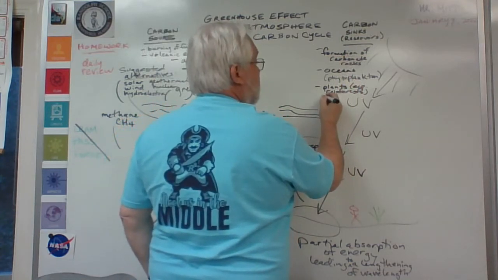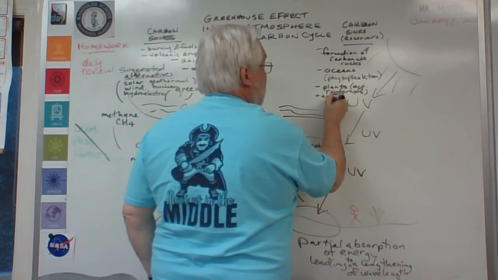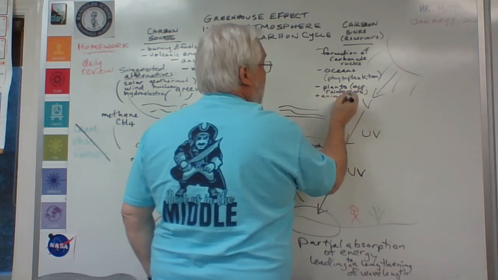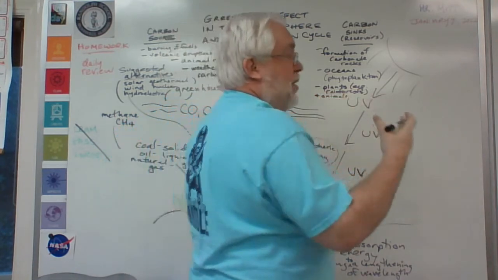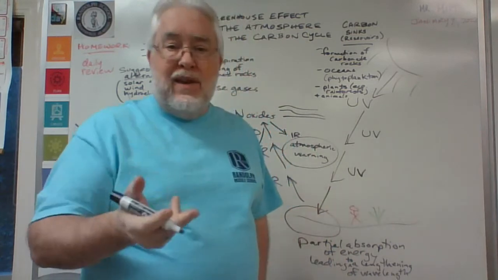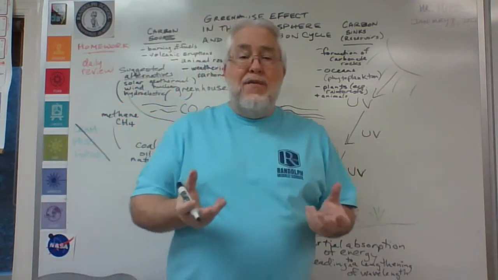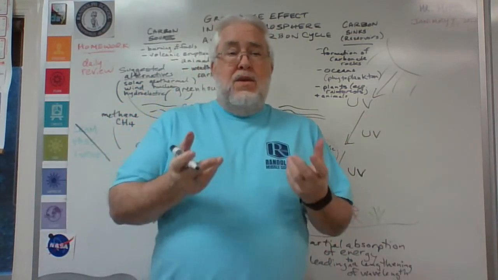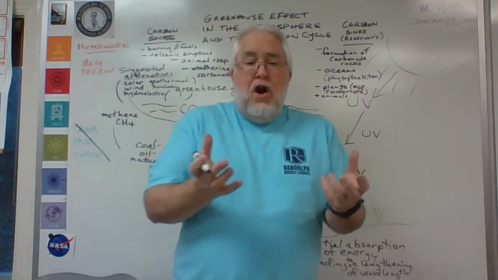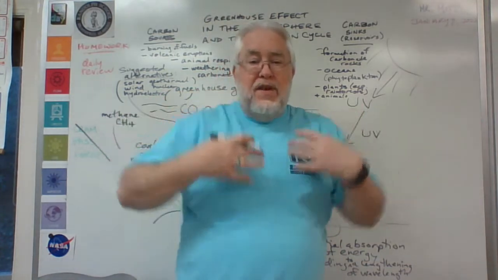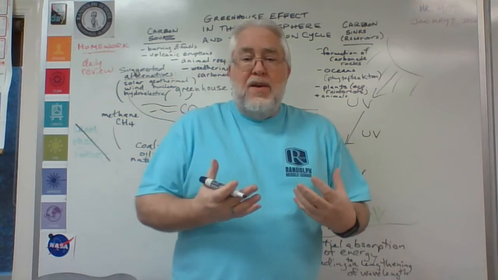But also, in addition to plants, we're going to say animals, because all plants and animals, all life on our planet is carbon-based life. And so anywhere you have living things, you have carbon. There's carbon in our bodies. A certain percentage of our bodies is carbon.